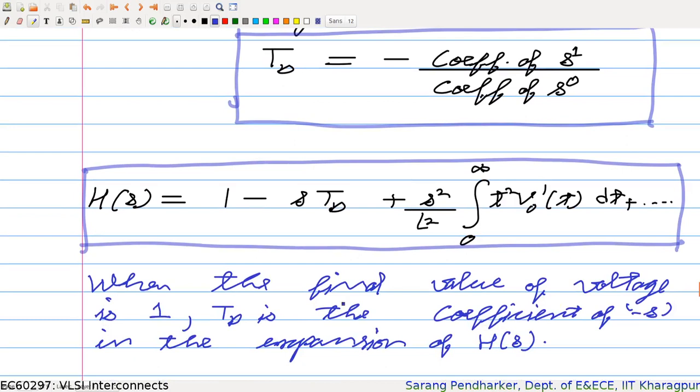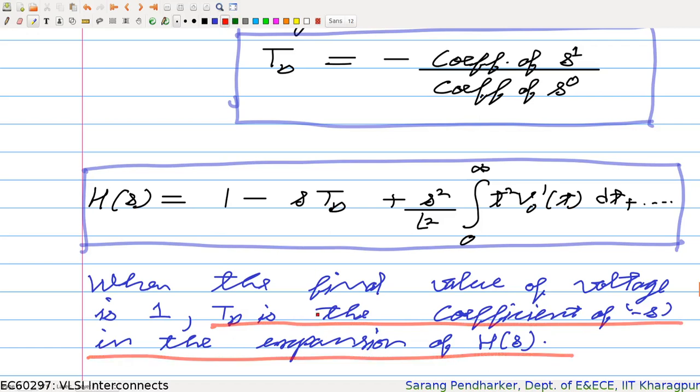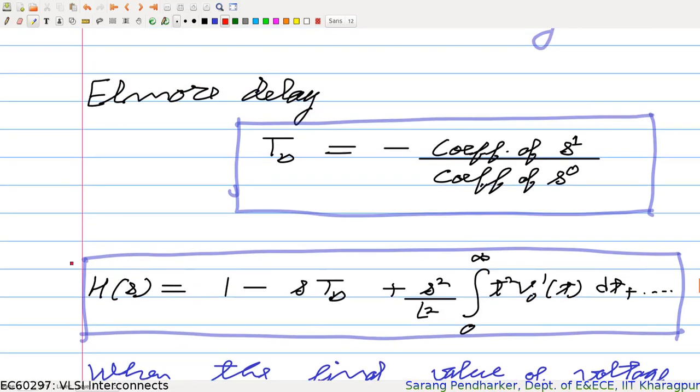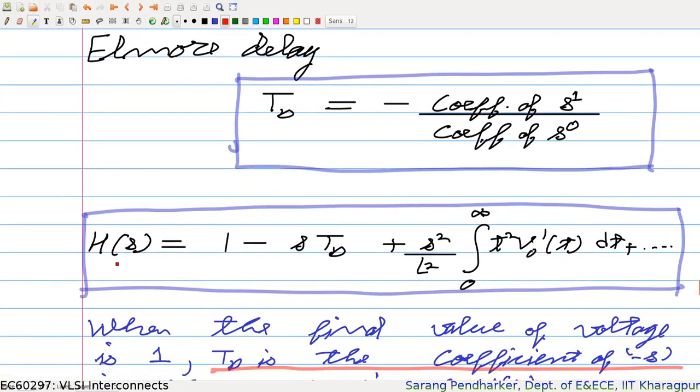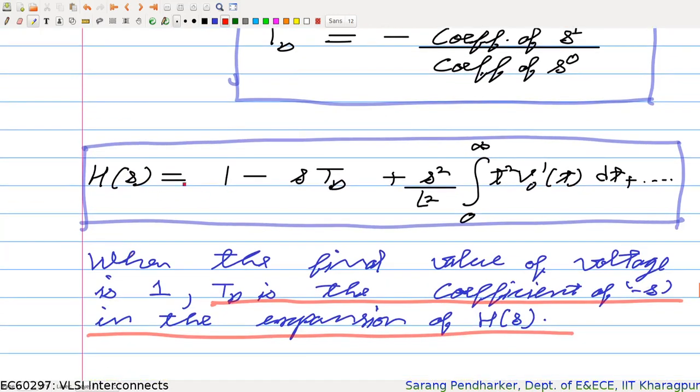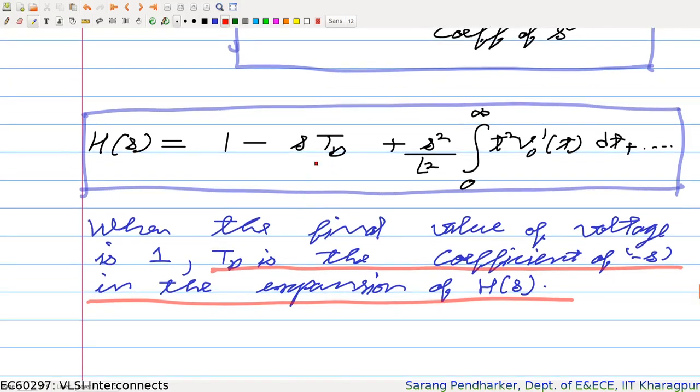So when the final value of voltage is 1, td is simply the coefficient of minus s in the expansion of h of s. So this definition which Elmore gave beautifully arises in the polynomial expansion of the transfer function in the Laplace domain, when we expand h of s as a polynomial of s. So this is my Elmore delay. This is what I am interested in.